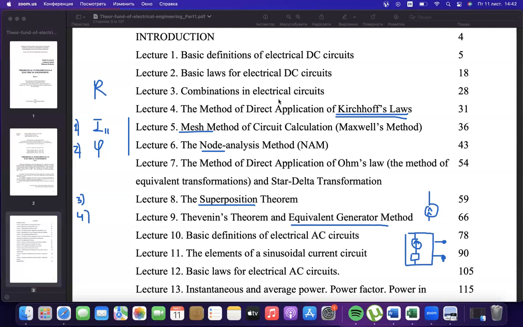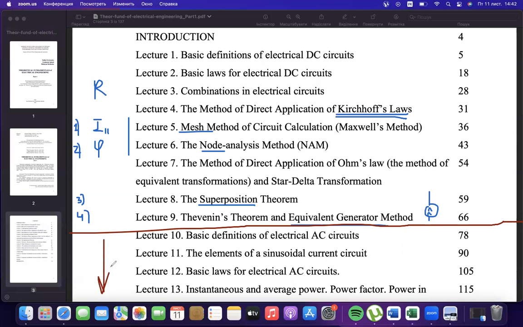And that's all for DC. Then also today we will discuss alternating current, sinusoidal current, and we could use all of these methods for sinusoidal current, and also use the transformation of resistors.